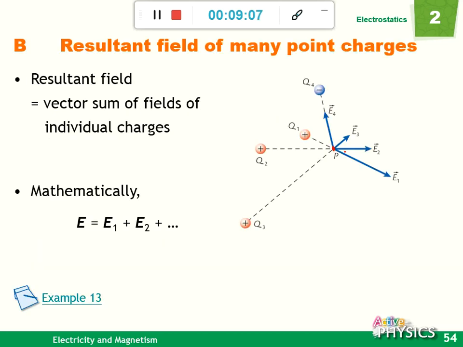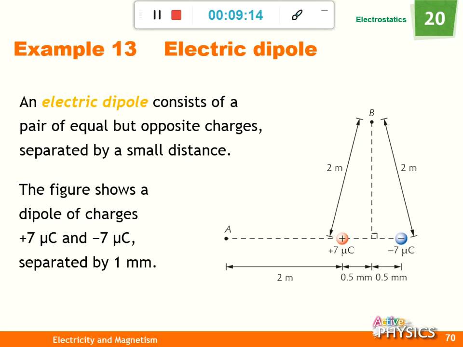Okay, example 13. Electric dipole. We want to find out the electric field strength at point A. Then what should you do?